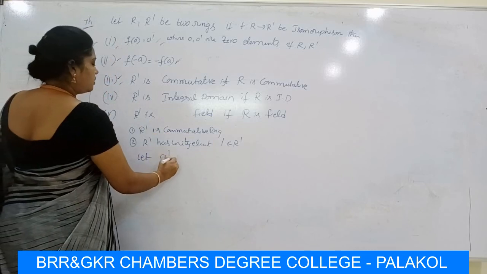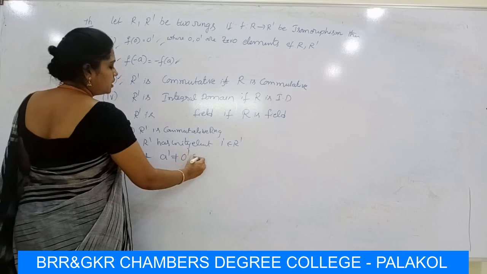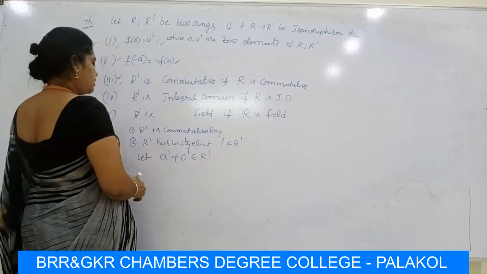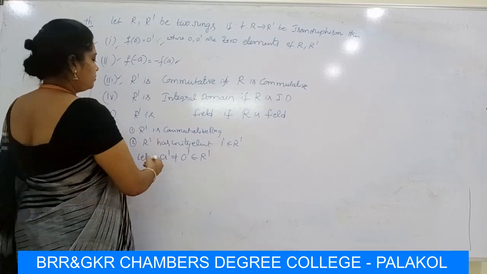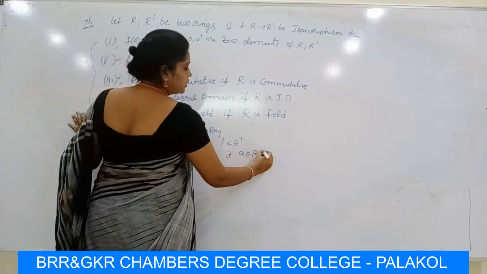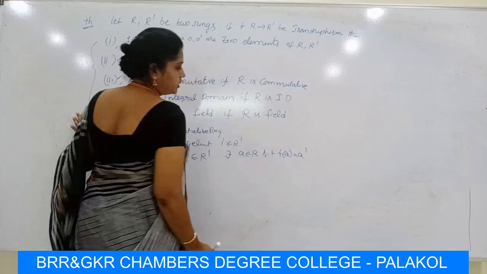Let a dash not equal to 0 dash belong to R dash. You have to prove there exists an inverse for this element. Then there exists a in R such that f of a is equal to a dash.